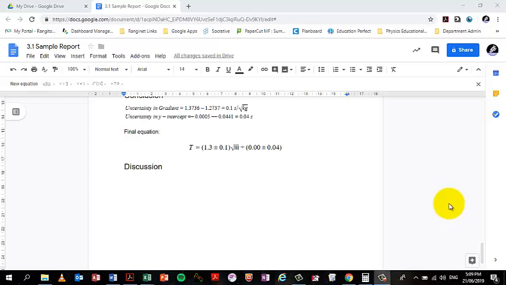The final thing that's needed for merit here is just a comparison of this gradient that we've obtained with our uncertainty and theory. So we just need to state what the theory is.